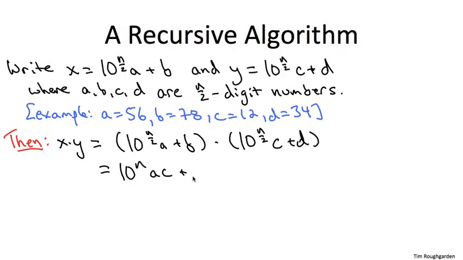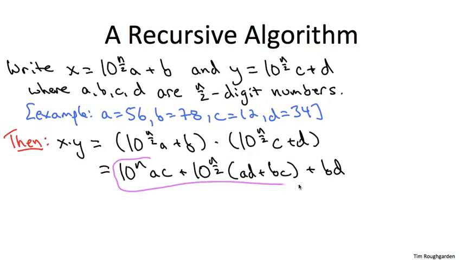We have a term that's shifted by 10 to the n over 2, and that has a coefficient of AD plus BC. And bringing up the rear, we have the term B times D. We're going to be referring to this expression a number of times, so let me both circle it and give it a shorthand. We're going to call this expression star.